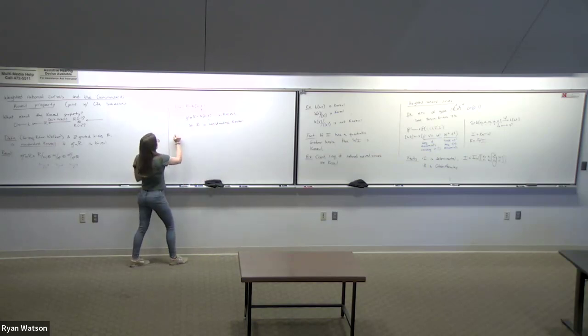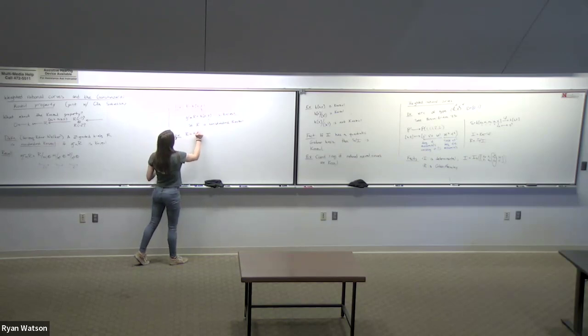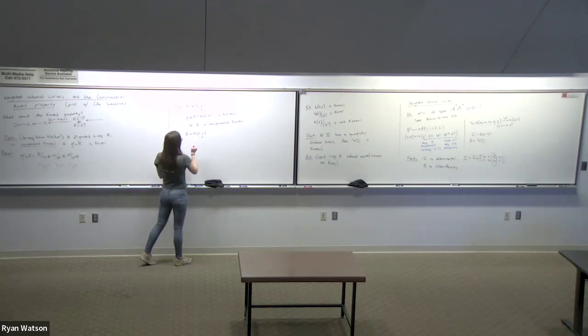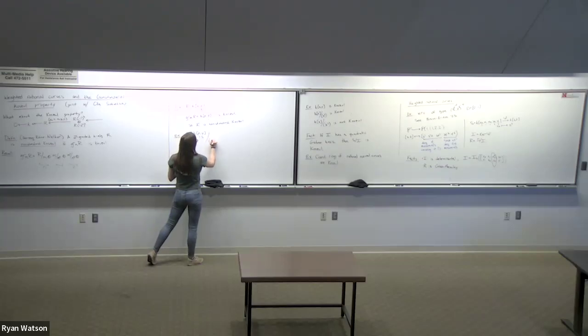Okay, perhaps a slightly more interesting example would be something involving some kind of quotient. So again, I'll give the variables degrees 1 and 3. And I'll quotient by something like y squared minus x cubed y minus x to the 6th.